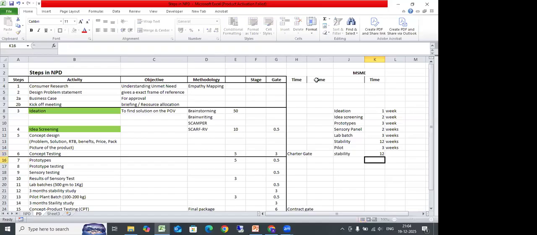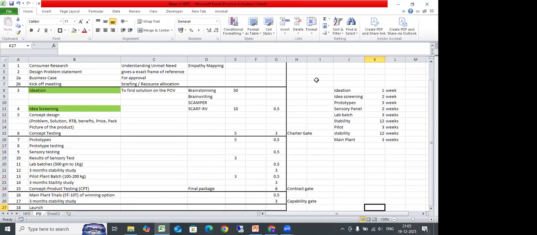And then you go to your MPT, which is main plant, sorry, 1 week, because that's a single formulation. You can add a buffer of 2 weeks for raw material arrangement and all, or maybe 3 weeks if some raw material is not readily available. You buffer in that, and then a 3-month stability.